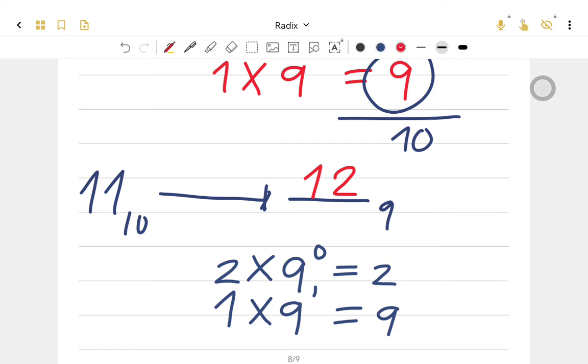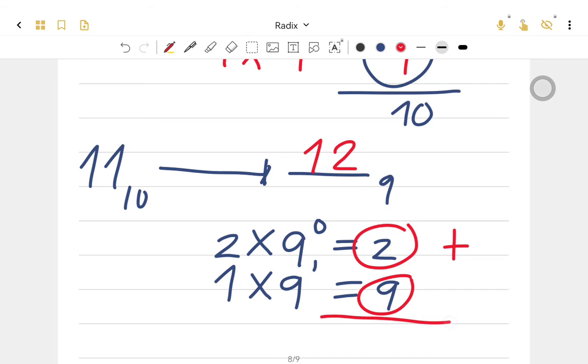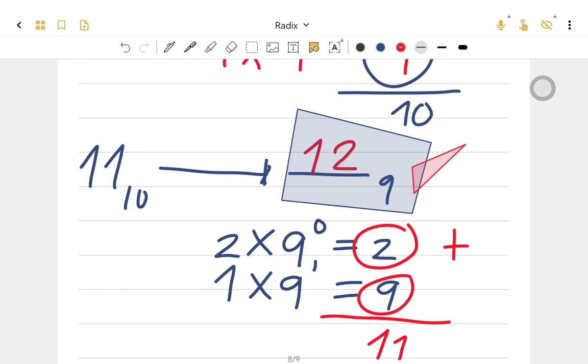And then we are going to add 2 plus 9, which is equal to 11. Therefore, our answer 12 with the base of 9 is correct. All right, so let's try another example.